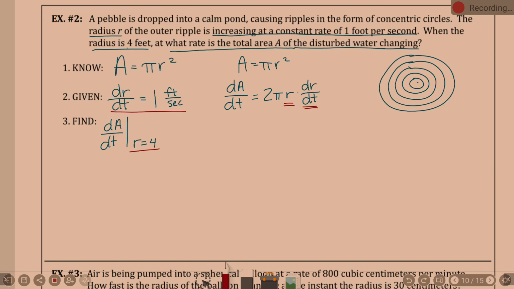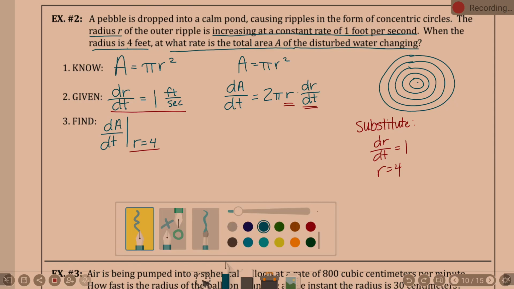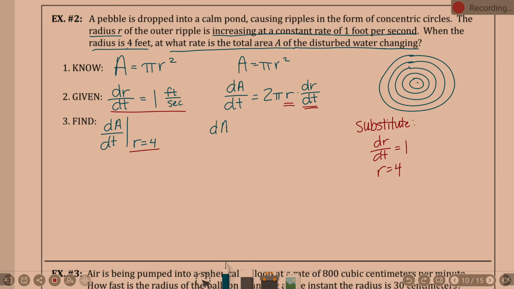Okay, so we're going to substitute. I don't know if you necessarily want to write this down or not, but we're going to substitute in dr dt equals 1 and r equals 4, and do some math. So dA dt equals 2, pi, r, what did we say r was? 4.